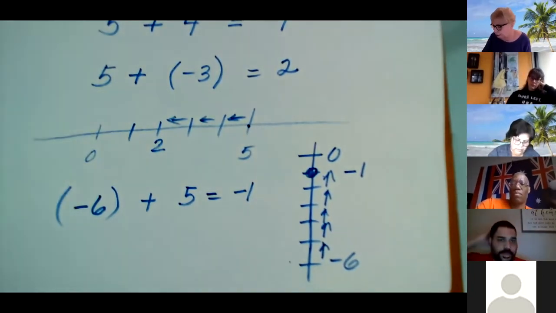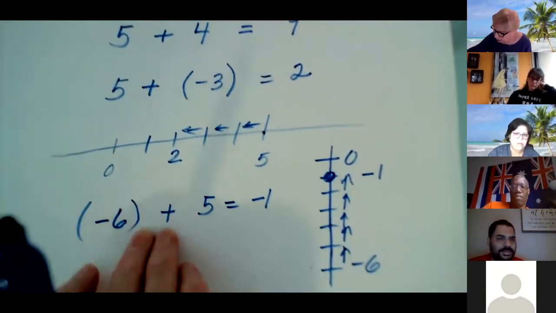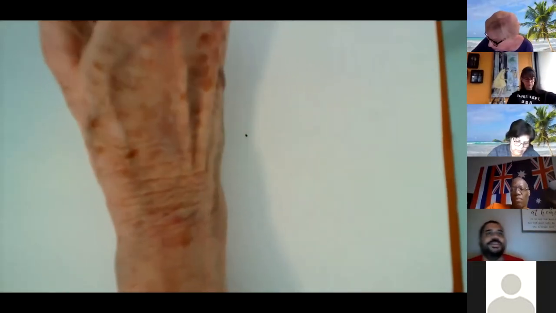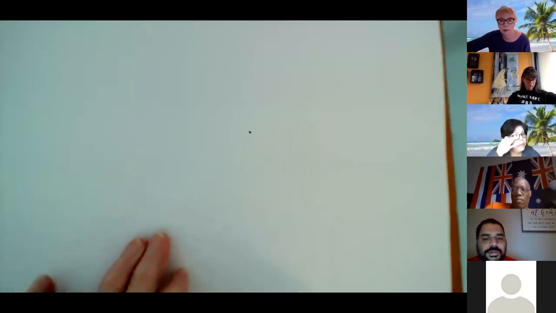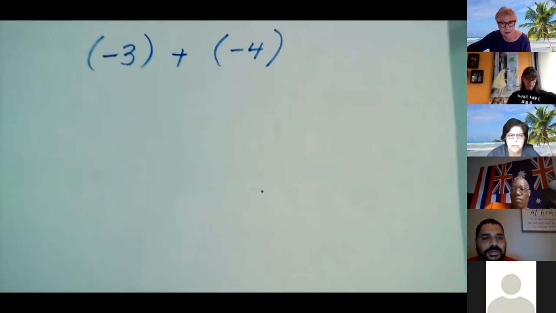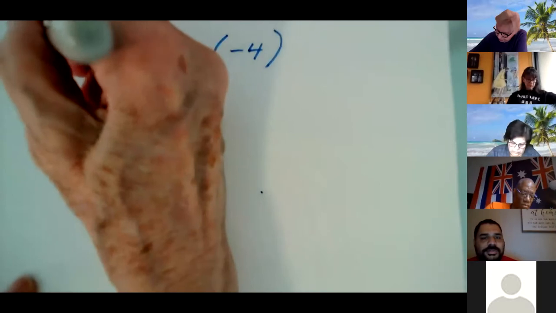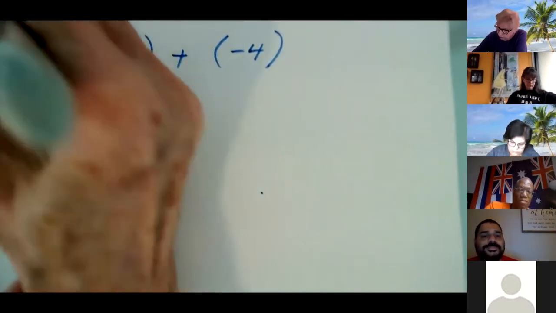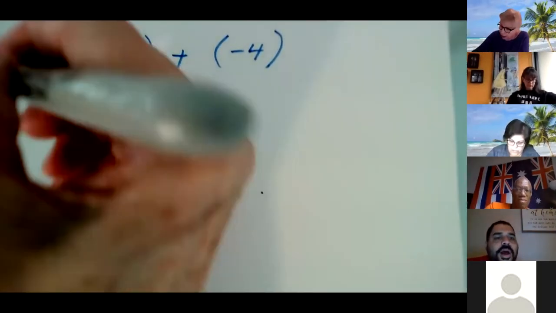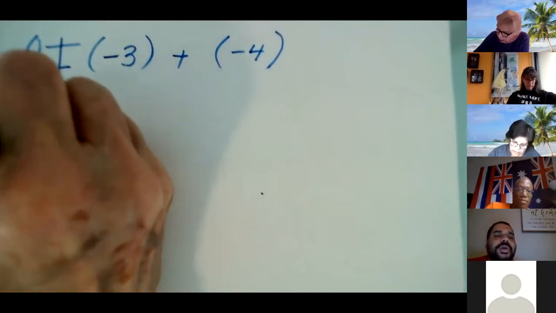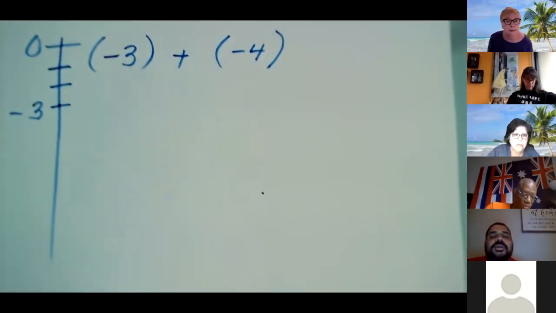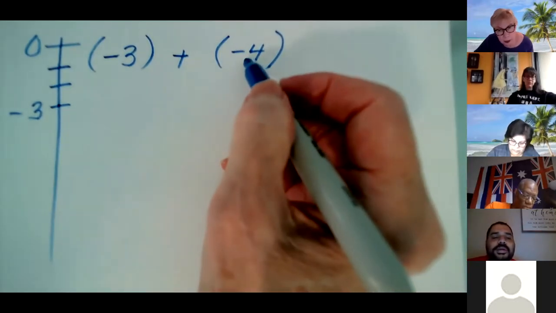But I have one more to do and then we'll try to summarize this. I'm going to bring it so you can see it. In temperature, this is what we call a very bad day. Here's 0. The temperature started at -3. And then what did it do?